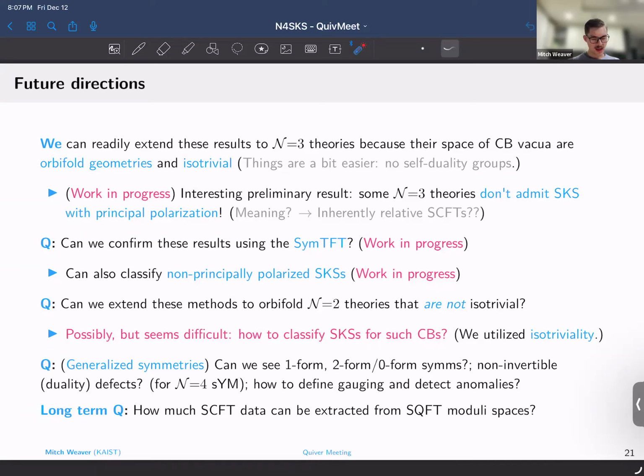And in a different direction, one thing we'd like to understand a bit better is how more features of generalized symmetries are encoded in the moduli space.